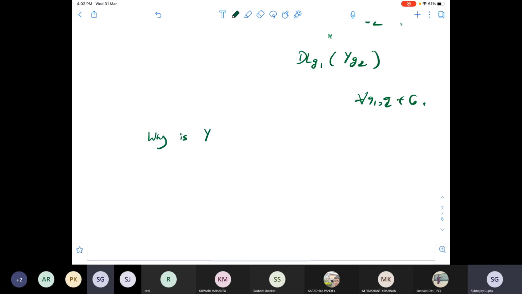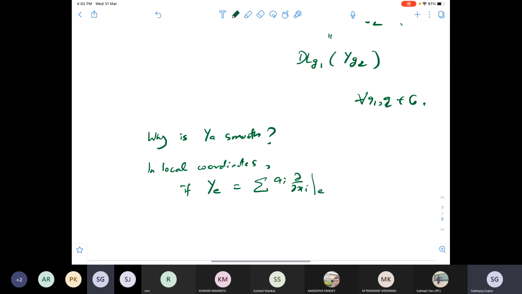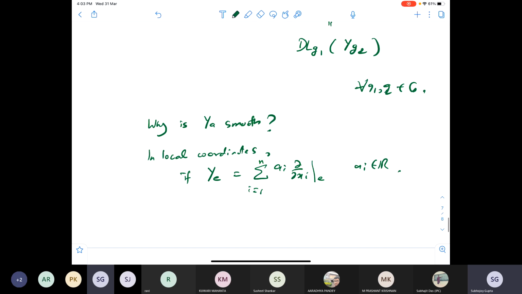So is Y smooth? Well, if you write it in local coordinates, so if this vector that you chose on the tangent space of the identity is something like this, where the AIs are real numbers, then the vector field that you define at the point A can be written in local coordinates.